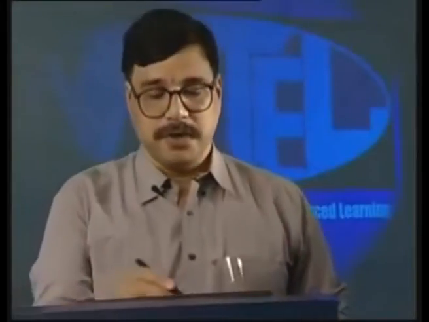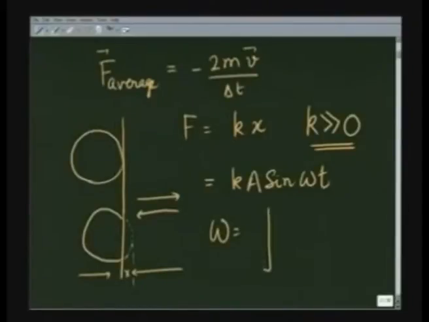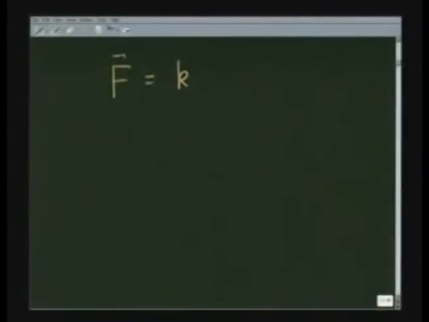If it hits and the force is this, obviously after hitting the ball is going to perform a simple harmonic motion, so that I can write this as k a sine omega t, where omega would be the characteristic frequency of oscillation with this k and the mass of the ball. So, we see that the force on the ball is roughly of the form k a sine omega t. I have chosen sine because initially the displacement is 0.